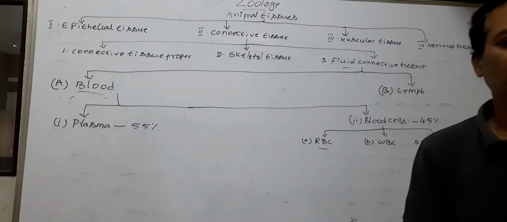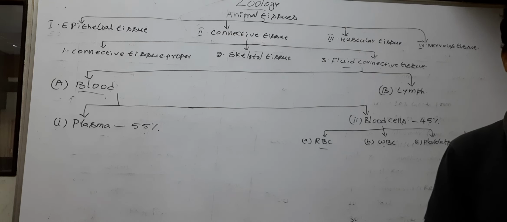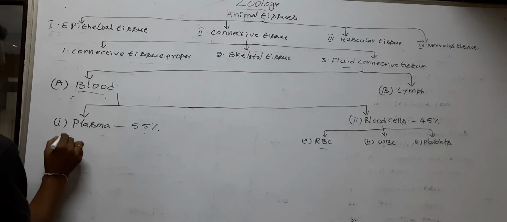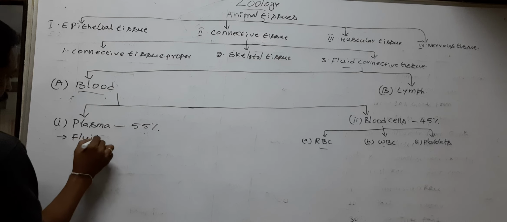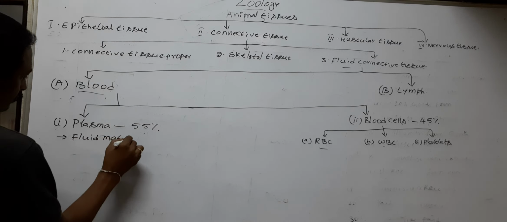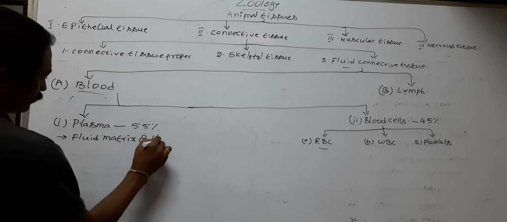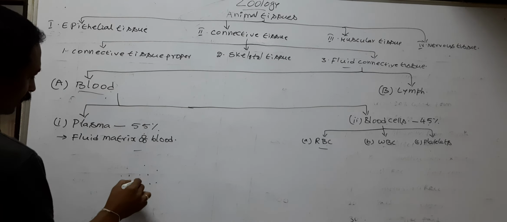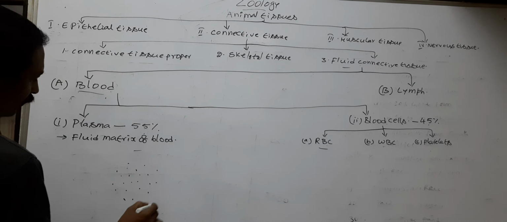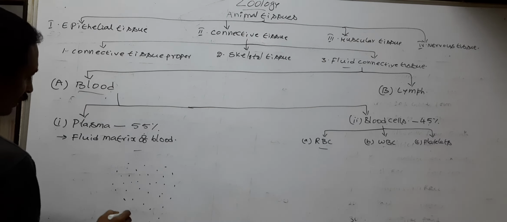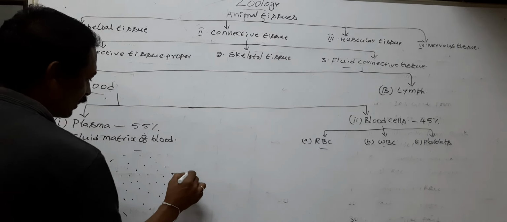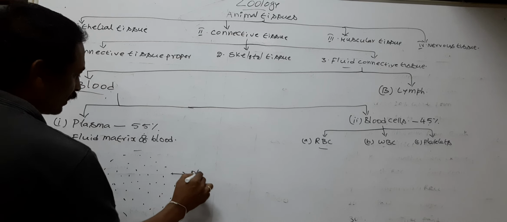Plasma is the fluid matrix of blood. The fluid matrix of the blood is called plasma.